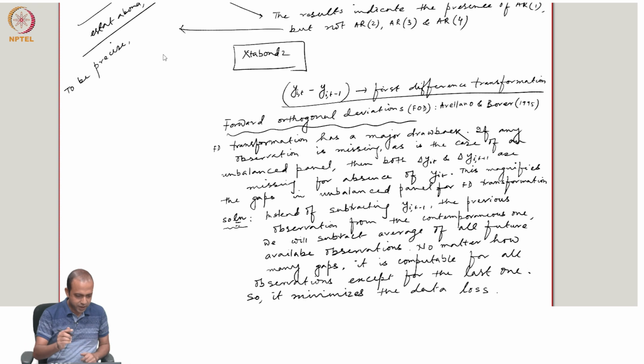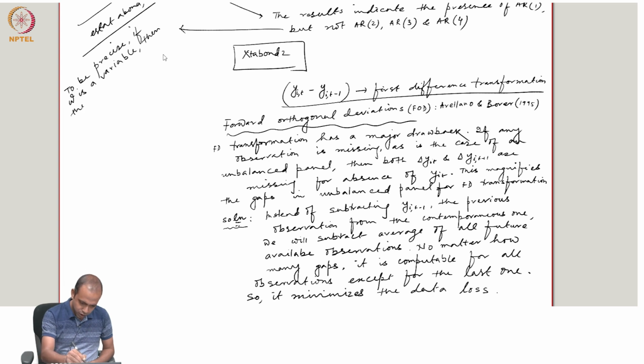So, to be precise, if W is a variable, then the FOD transformation is, I am denoting W_i,t+1 with this sign.